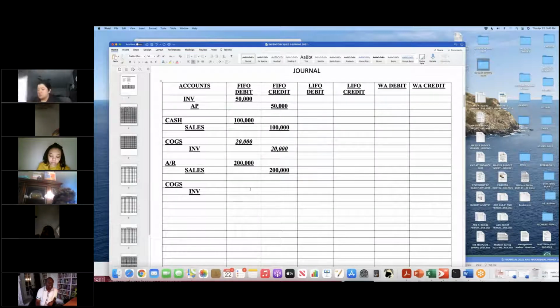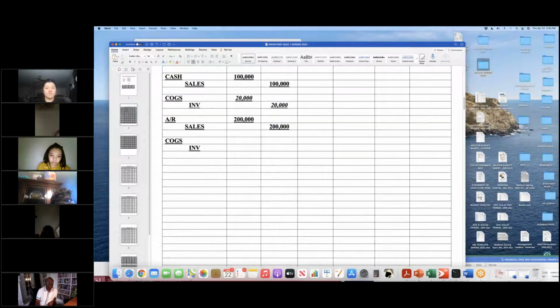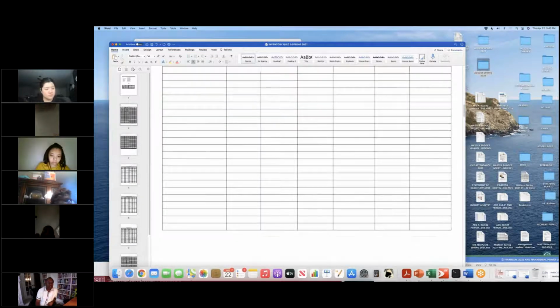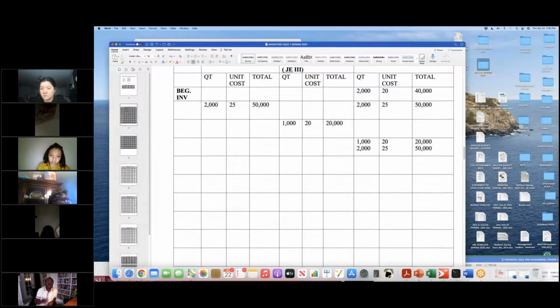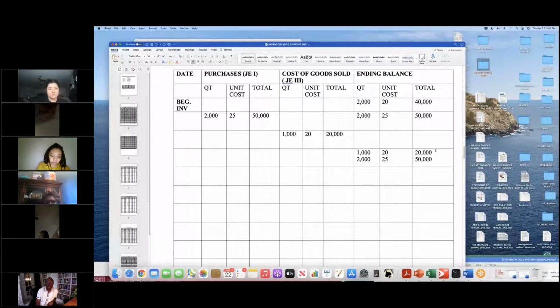Now we got to come up with this amount. So how much is the cost of goods sold going to be when we sell those 2,000? So we're going to look at here. We got to sell 2,000. So we're in the middle column now. If we got to sell 2,000, we're going to sell the old ones first.